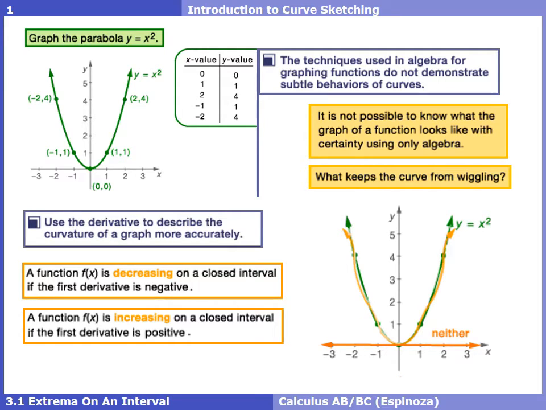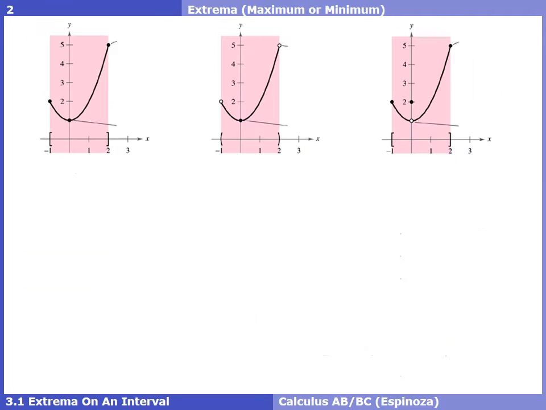At the bottom of our parabola, what is the derivative doing? To the left it's decreasing, the derivative is negative, to the right the derivative is positive, so right in the middle, at the bottom of our parabola, the derivative's kind of doing nothing. It's neither increasing nor decreasing.